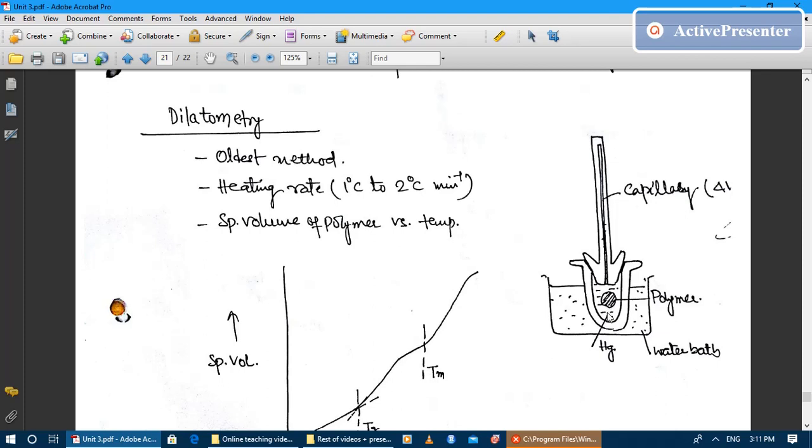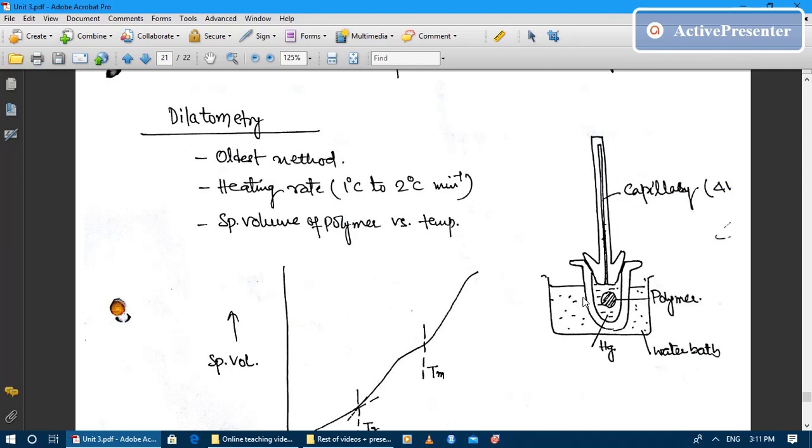Upon heating, the polymer will expand, so it will displace the mercury surrounding the polymer, and the displaced mercury will raise the level in the attached capillary. So we can measure the value of delta V by observing the level of the mercury in the capillary.